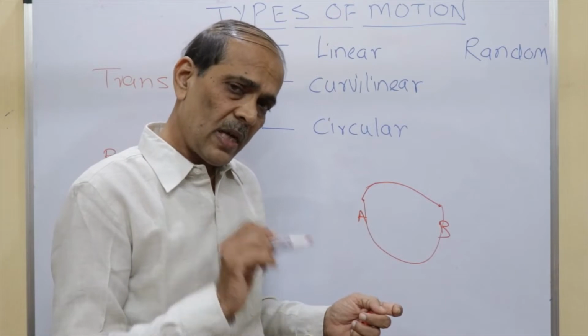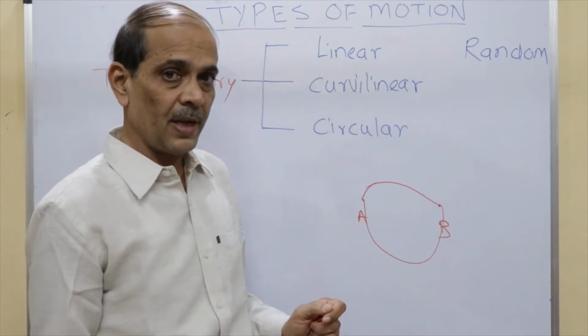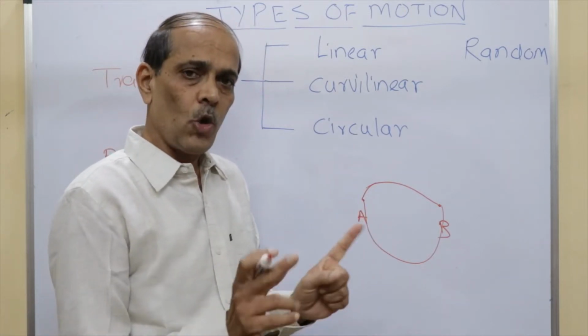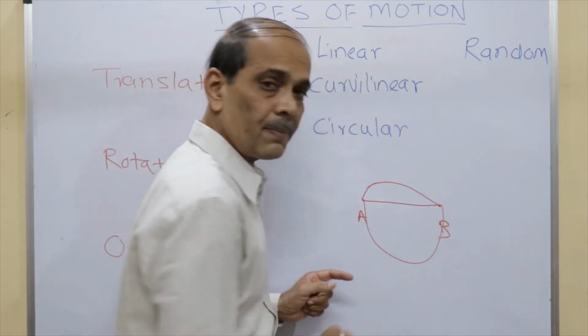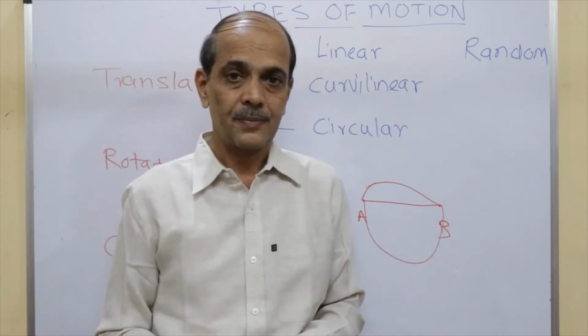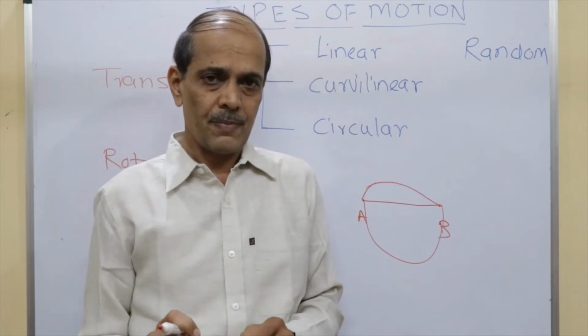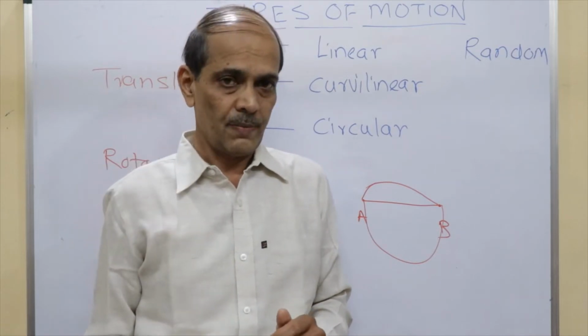So instead of distance, physics talks in terms of displacement. It is nothing but the minimum possible distance joining two points. So it will be, of course, a straight line between A and B. That is a displacement. So displacement in given time, that is what is spoken when we think of motion.